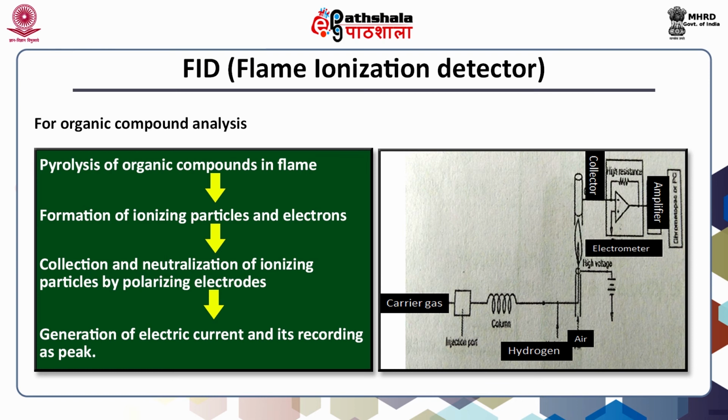Its detection limit is very good, so that is the advantage, but the only disadvantage is that it is a destructive type of detector. So, this was about the flame ionization detector, which is a very versatile and universal detector. It is used in many analyses, whether fatty acid analysis or other compounds, it is a very commonly used and very easy detector to handle.